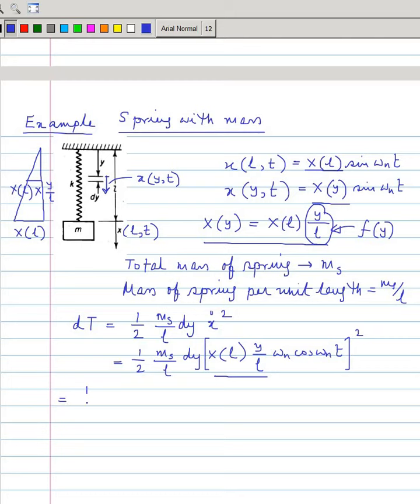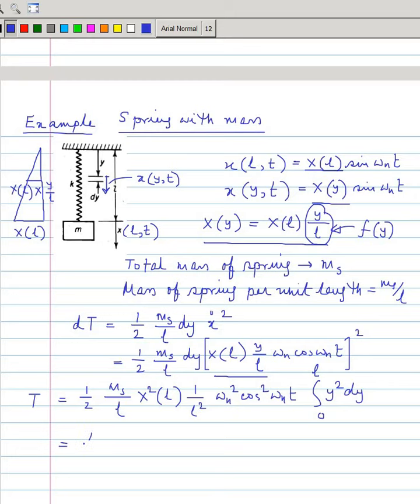So this is half m_s by L, x_L squared, 1 by L squared, ωn squared cos squared ωn t, and what remains is y squared dy, and for the total kinetic energy this has to be integrated from 0 to L. So that gives L cubed by 3, and this L cubed goes.